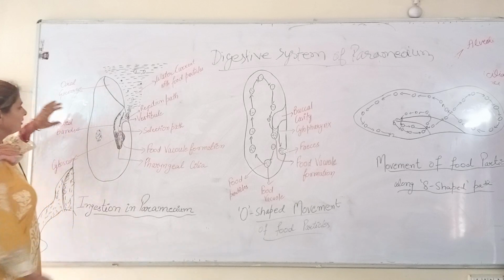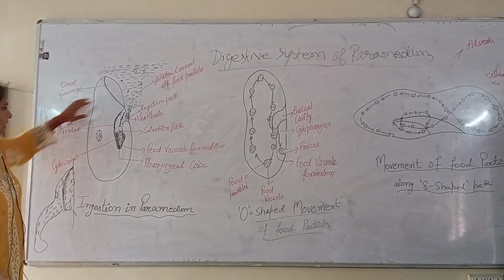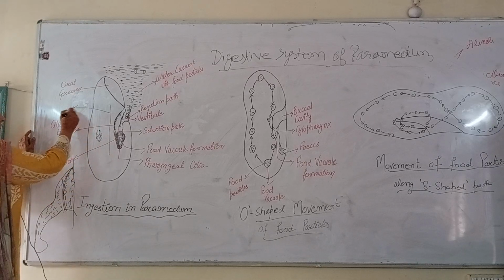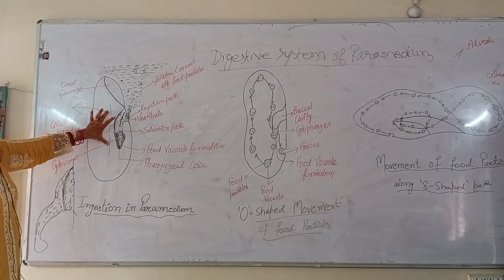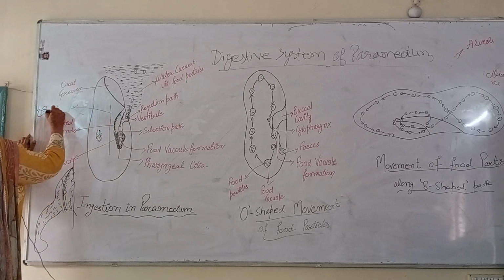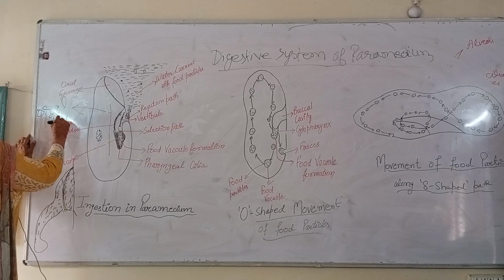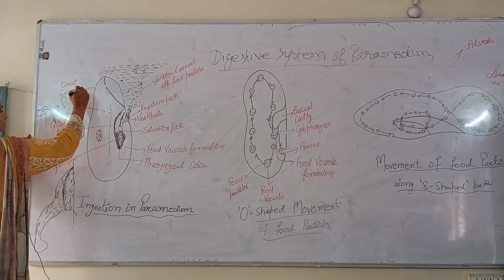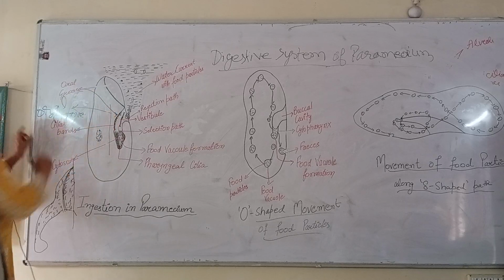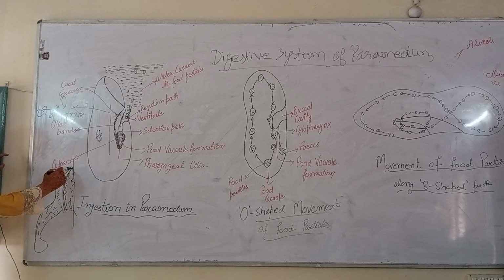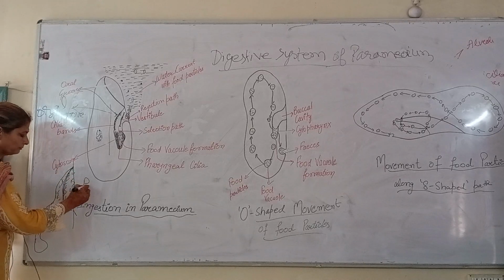First, yesterday we have done how the food is digested in this oral groove path. This is the total oral groove. This oral groove, yesterday we have done. Again, I am revising you. Here is present the peristomium.